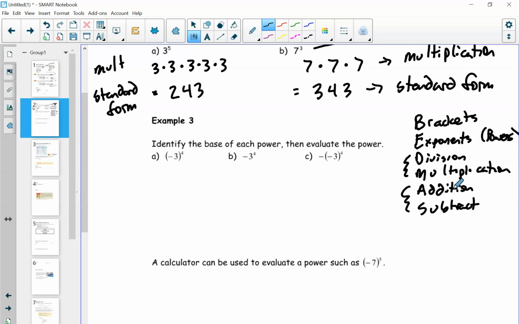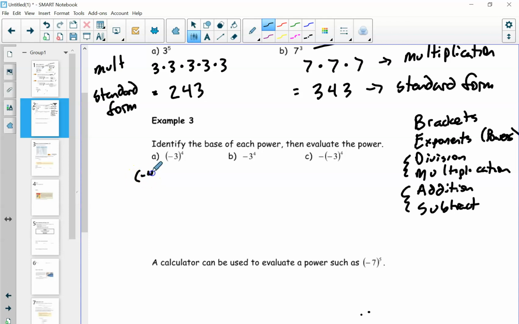So what we've got is (negative 3) to the power of 4. Now, there are brackets on this question, which is really important because you need to know that the power always applies to whatever's in brackets if the power is touching a bracket. In this case, the power is touching the bracket, so whatever's inside the bracket is what we need to write as the power.